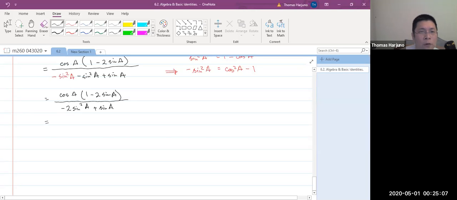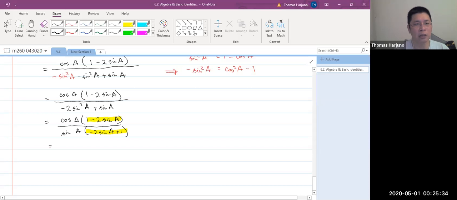Now, go on further. At the bottom, you see that I can factor sine A, don't you think so? I can factor out sine A, and I get negative 2 sine A plus 1. And notice that this factor here is the same as this one, right?